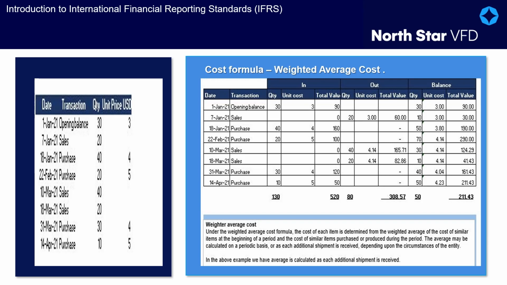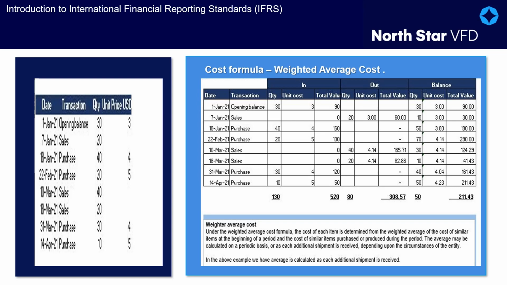Next, cost of inventory formula: illustration of the weighted average cost method. Here on the screen you can see the data related to an inventory item, its opening balance, purchases and sales etc. at various dates. It is the same data we used in the previous slide for the computation of cost of inventory under the FIFO method. The weighted average method, which like FIFO is suitable where inventory units are identical or nearly identical, involves the computation of an average unit cost by dividing the total cost of units by the number of units.